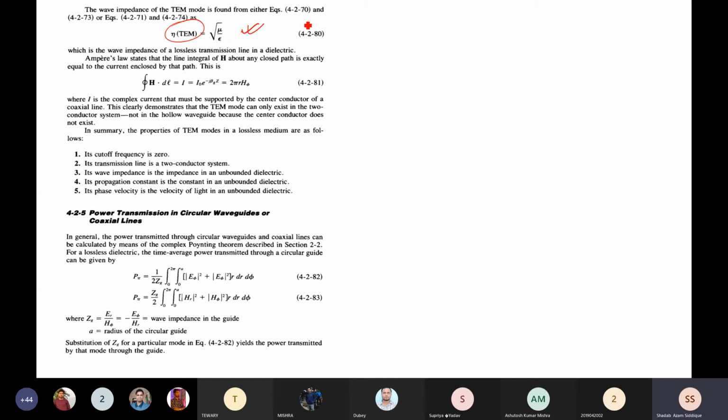Now you have the concentric structure, with a dielectric present inside this waveguide.